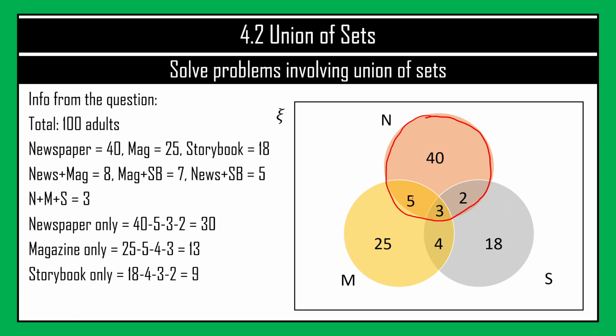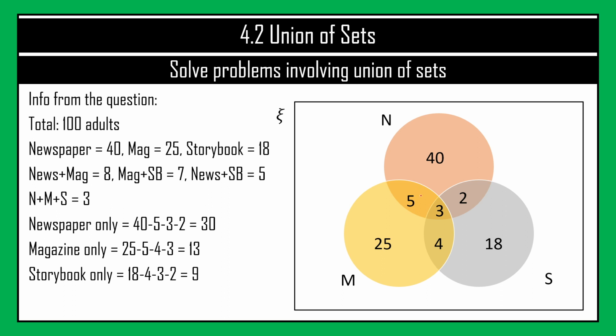But if you total up, this one is in the way, 3 is in the way, and 2 is also in the way. So we need to minus that part as well. So 40 minus 5 minus 3 minus 2, so we got 30 for the newspaper only.